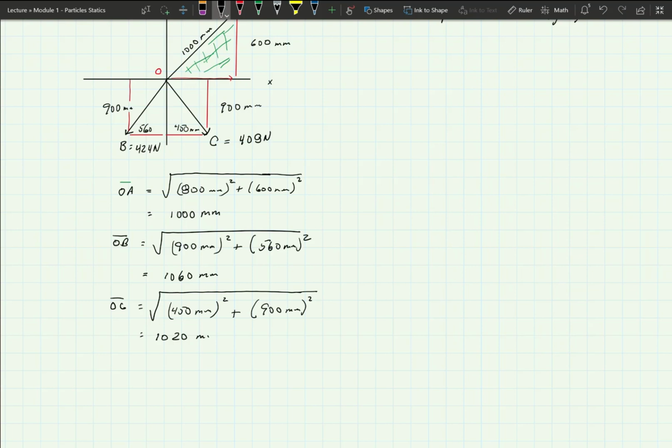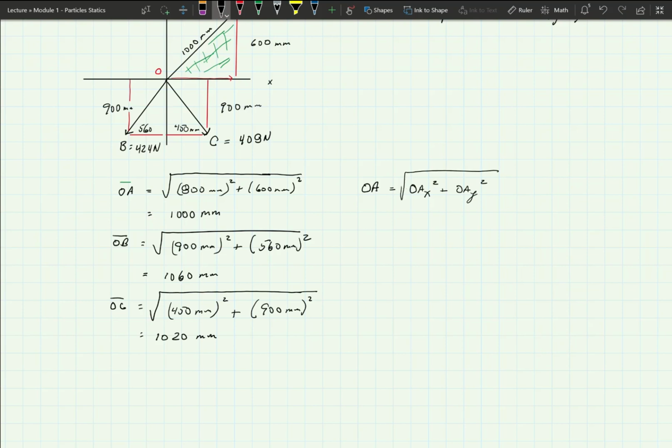And that should give us an answer that is 1,020 millimeters. Okay, if you're fanatic, and I don't mean that to be mean, OA is always going to be the OA of the X plus OA of the Y, and you're going to square those and take the square root of them.